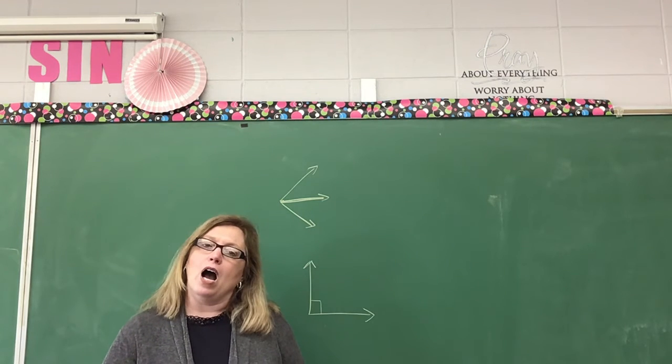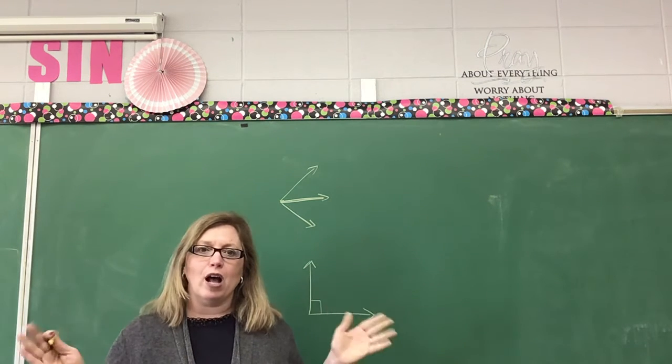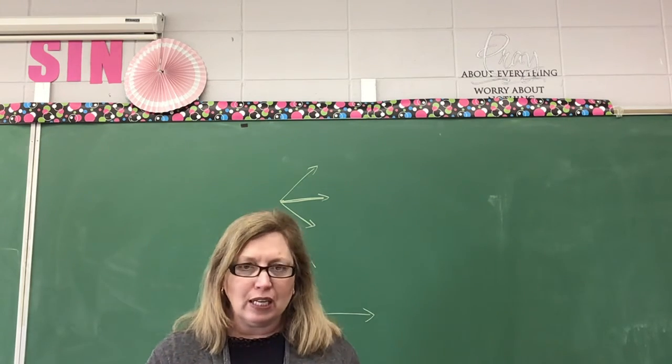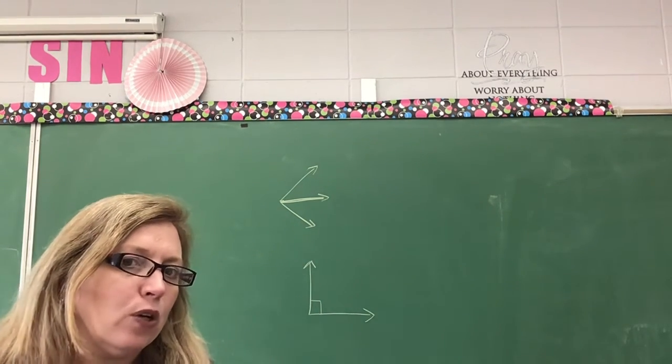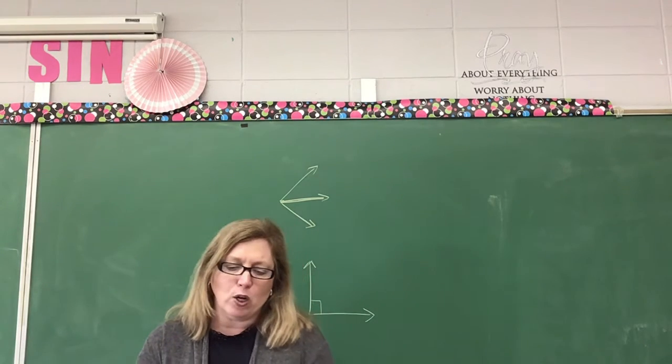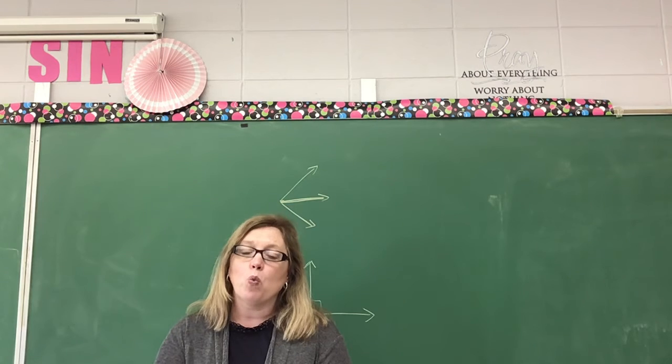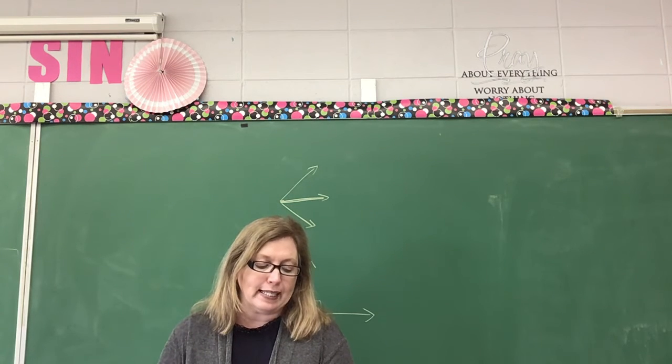Okay? All triangles, no matter how large or how small, when you add the angles together, what do the angles equal? All the angles of a triangle will equal 180 degrees.